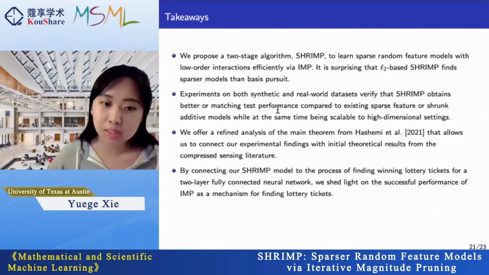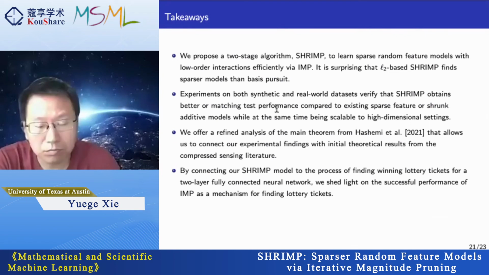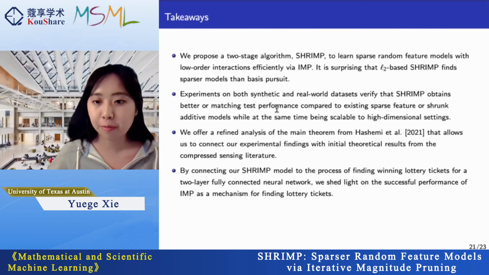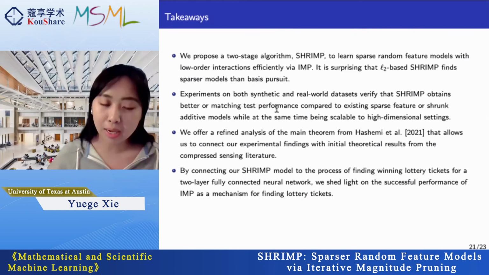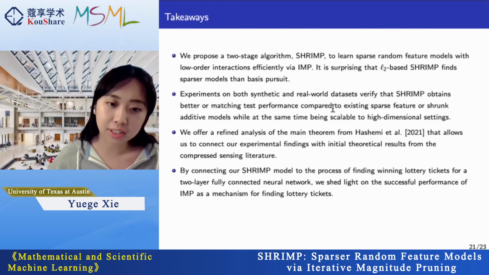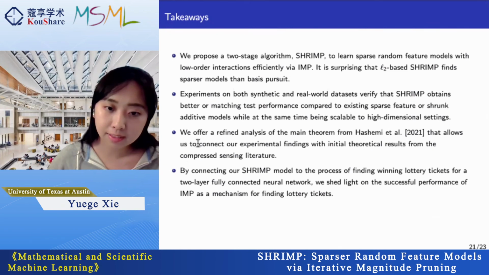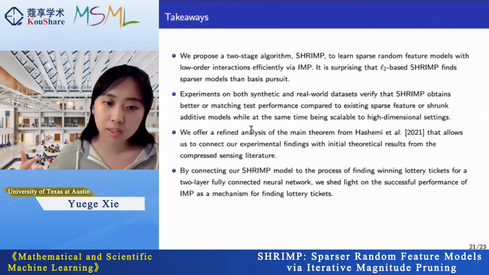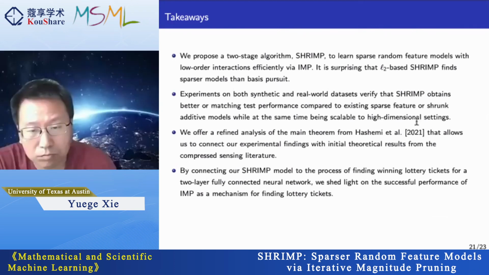And our experiments on both synthetic and real-world data sets verify that SHRIMP can obtain better or matching test performance compared to existing state-of-the-art models. And it can obtain computational efficiency and be scalable to high dimensional settings.